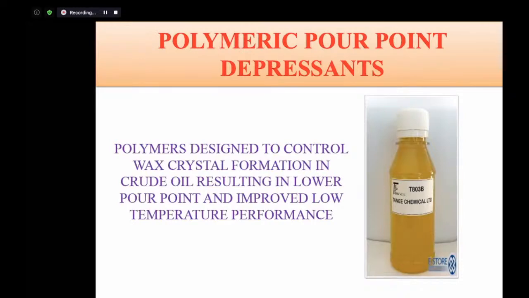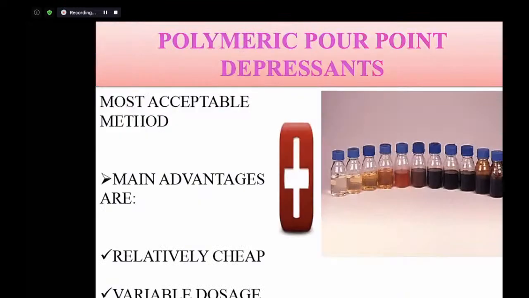These are basically polymers designed to stop this agglomeration of paraffins or to control the wax formation. That means you are lowering the pour point to a lower level, and they improve low temperature performance.